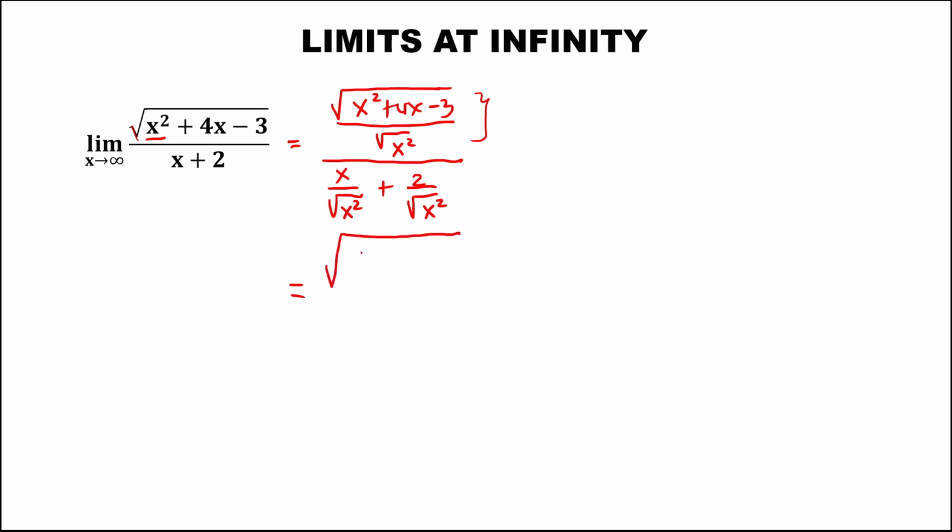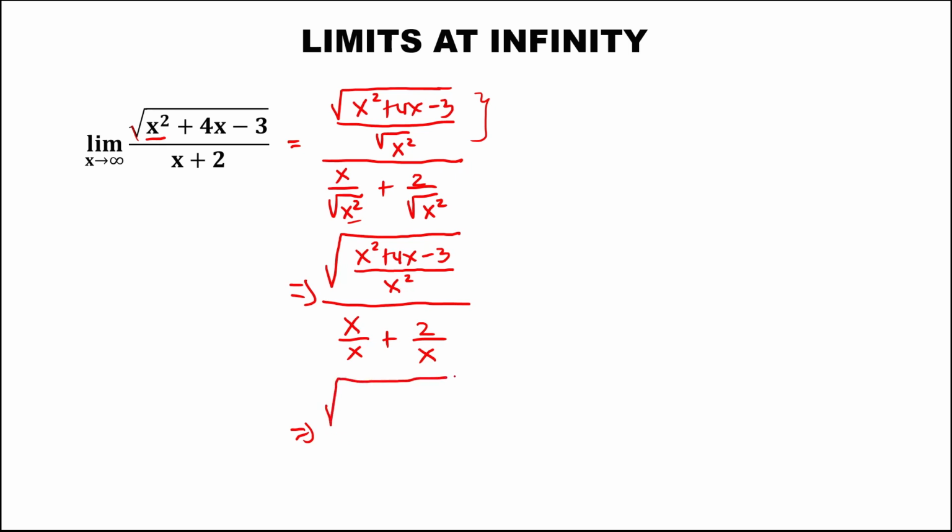So this is x squared plus 4x minus 3 all over x to the power 2, then over, since the square root of x squared is equal to x, x over x plus 2 over x. Then we can distribute this denominator to every term.